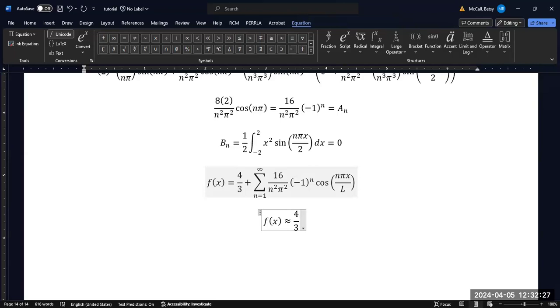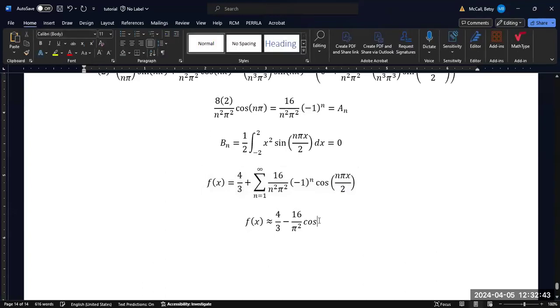So when n is 1, this will be negative 16 over pi squared, since n is 1, cosine of 1/2 pi x.